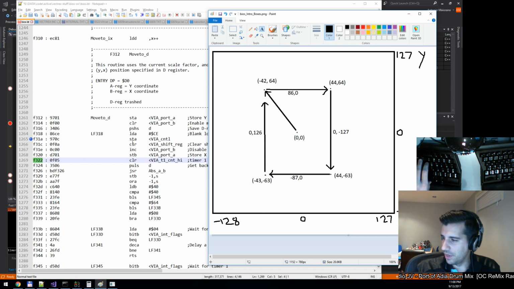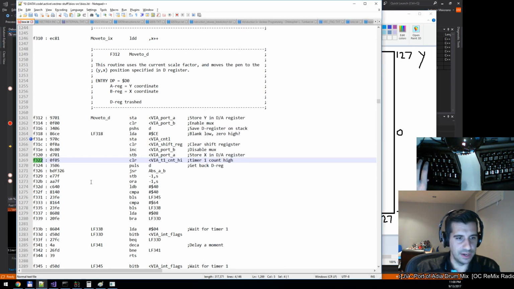So Scorpion says, where is the BIOS disassembly? It's this here. So the BIOS was released by the company that made the Vectrex. Actually, no, sorry, the source code was not released. The BIOS itself, the ROM, was released with a public license, which was really cool of the company.